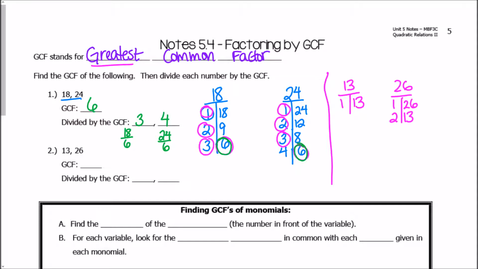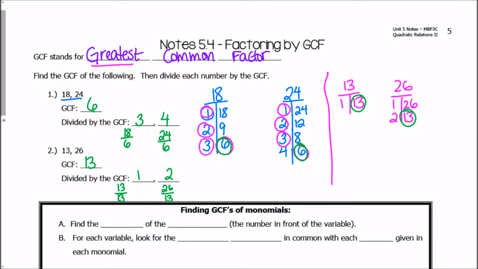So my greatest common factor of 13 and 26 is 13. When I divide by the GCF, if I divide 13 by 13, I get 1. And if I divide 26 by 13, I get 2.